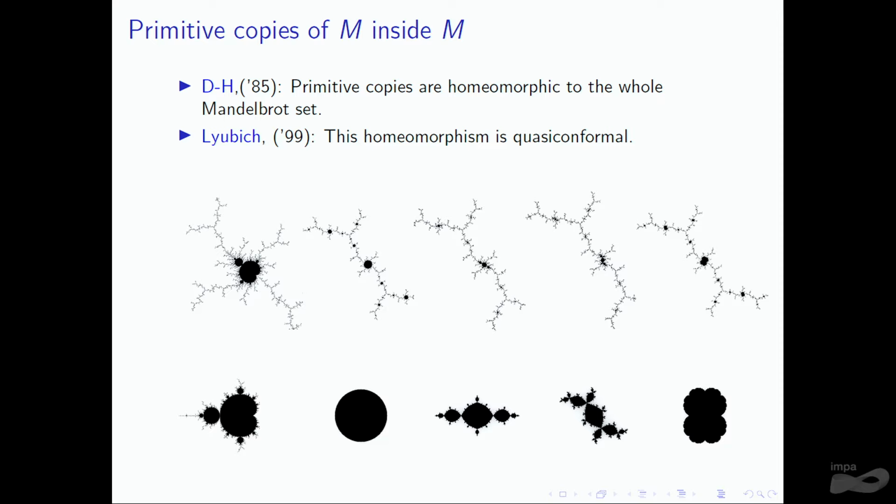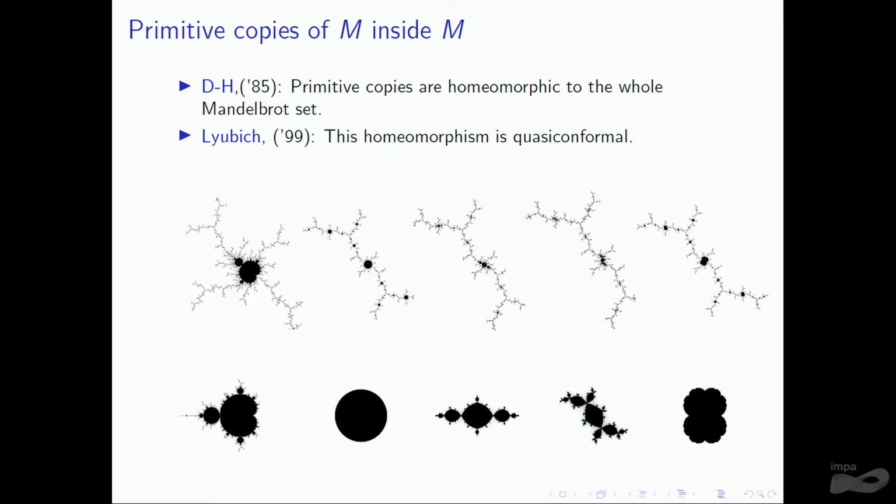And we hoped for quasi-conformality, and it worked. What is a quasi-conformal map? Well, a conformal map is a map that respects angles, right? A quasi-conformal map doesn't respect the angles, but it doesn't distort the angles that much.